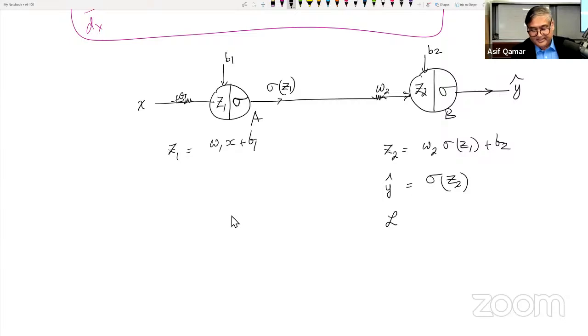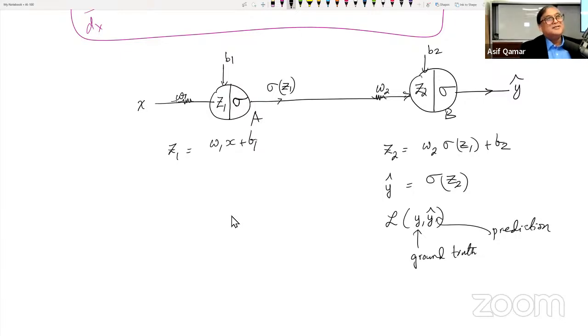That error we'll write as a loss function, right? Loss function is a function of Y and Y hat. It is basically the discrepancy between the ground truth and prediction from your machine. Does that make sense, guys?